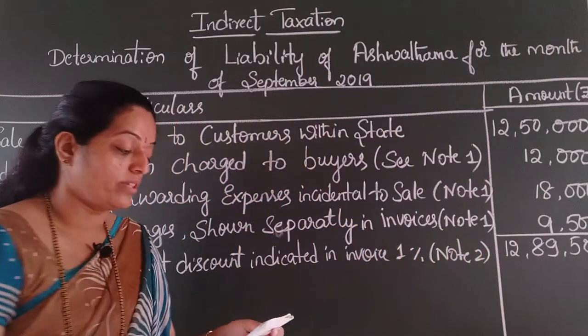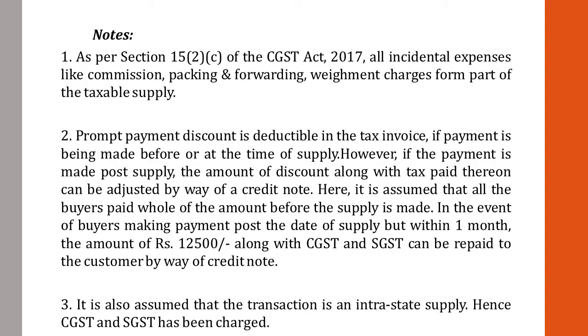See, note 2 says that prompt payment discount is deductible in tax invoice if payment is being made before or at the time of supply. However, if the payment is made post supply, that means after the supply, the amount of discount along with the tax paid thereon can be adjusted by way of credit note. So here in this case, it is assumed that all buyers paid the whole amount before the supply is made.